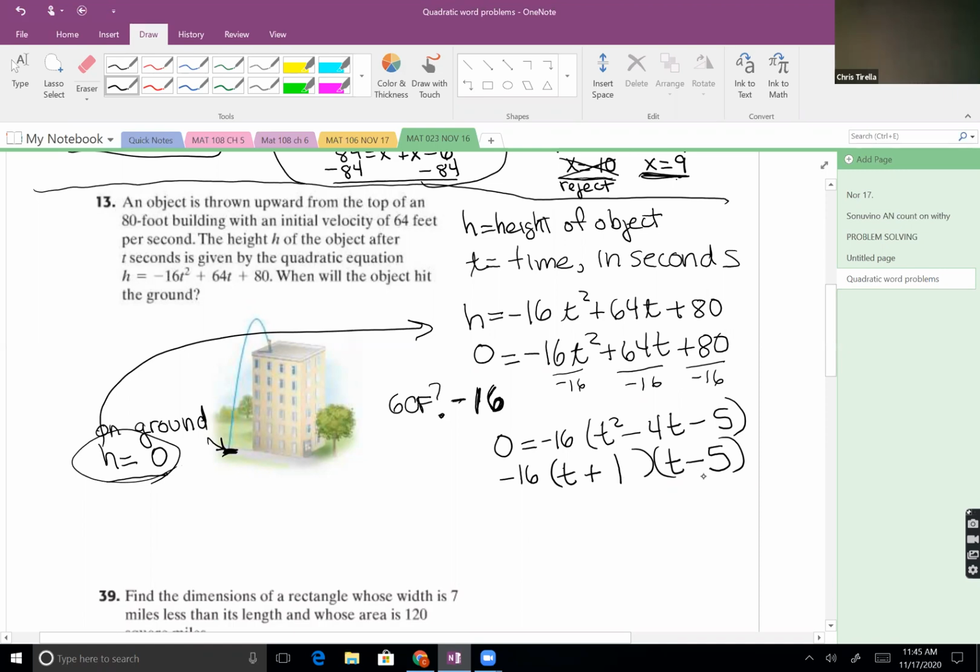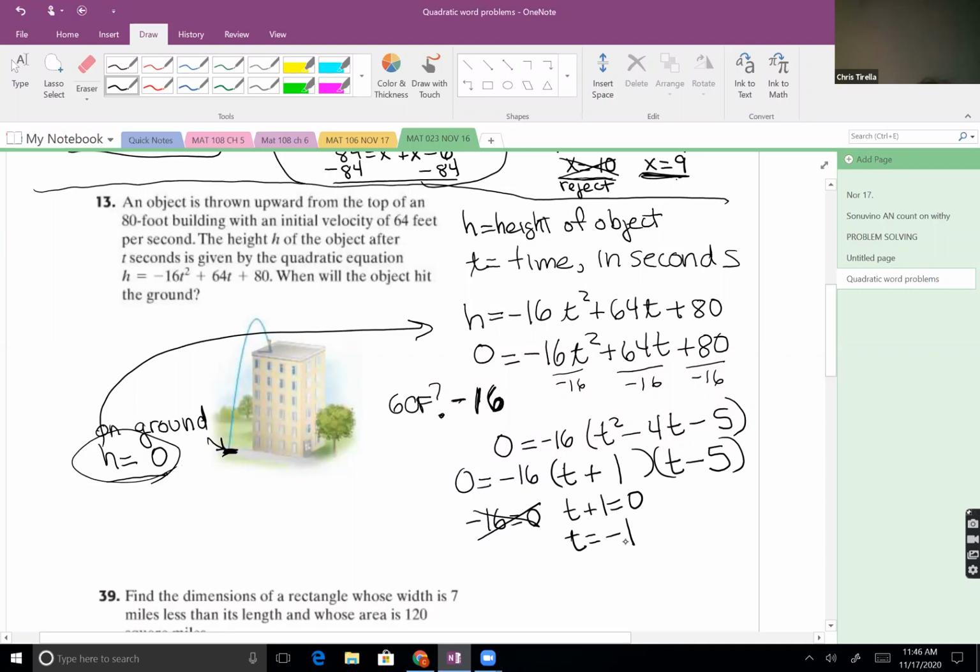And if I take positive 1 and negative 5, when I FOIL that out, they'll add to that negative 4t in the middle. When I set them equal to 0, I get negative 16 equals 0, which makes no sense. I get t plus 1 equals 0, which gives me t equals negative 1.